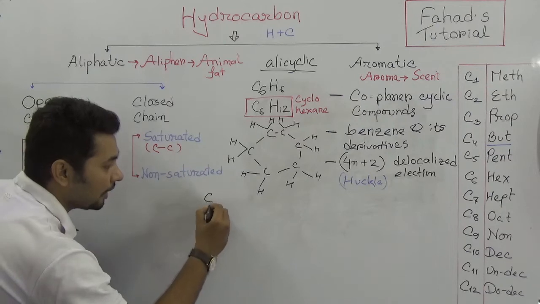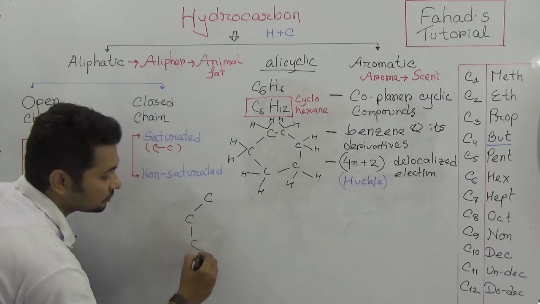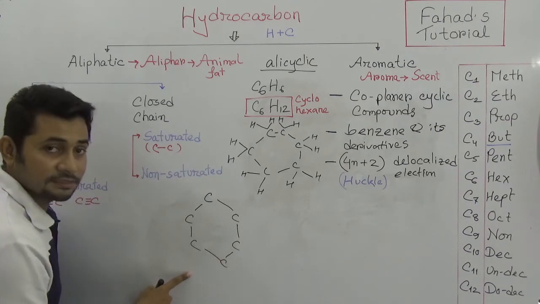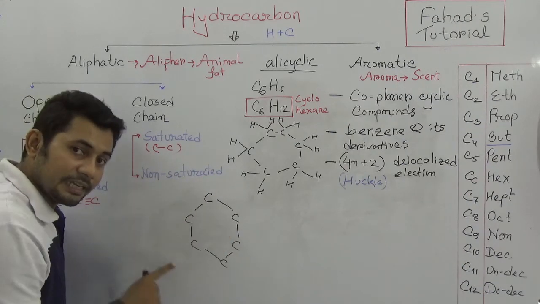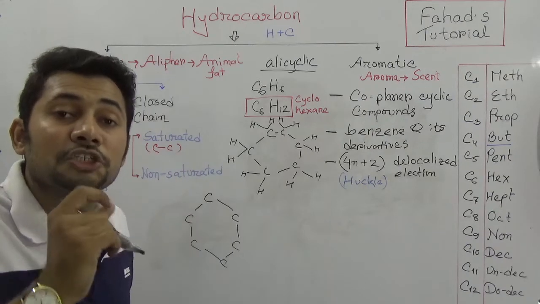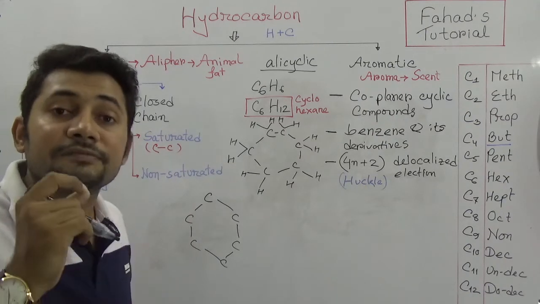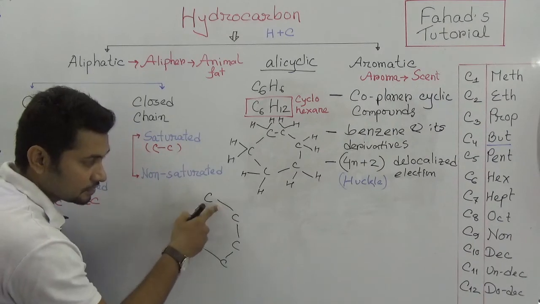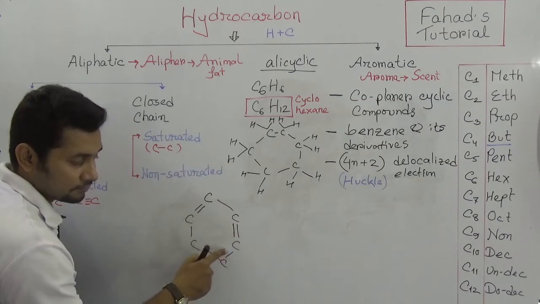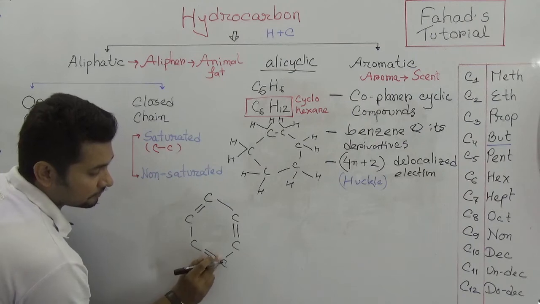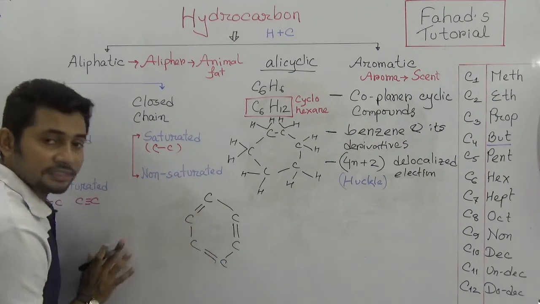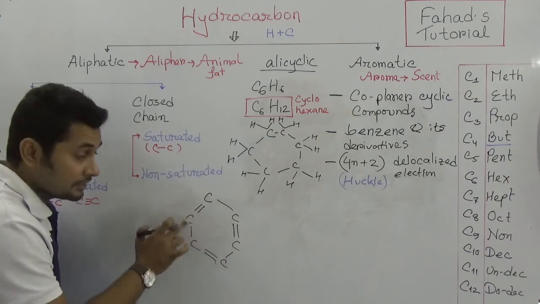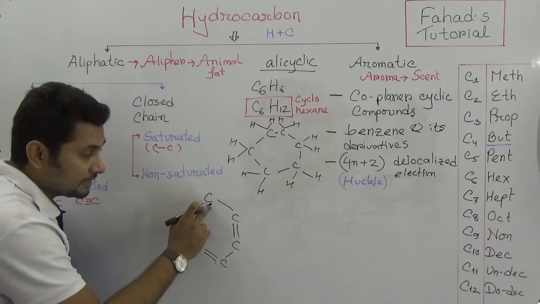So 1, 2, 3, 4, 5, 6. There is also 6 carbon in a cyclic order, but there should be an alternative double bond. So 1, 2, 3, 4 and 5. Now you see there is alternative double bond within this carbon, and it has 1, 2, 3.